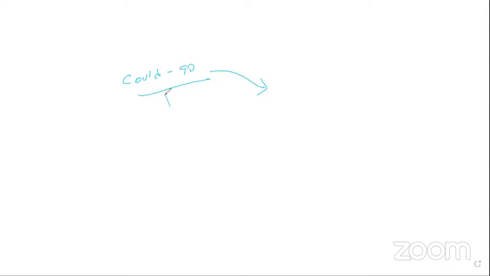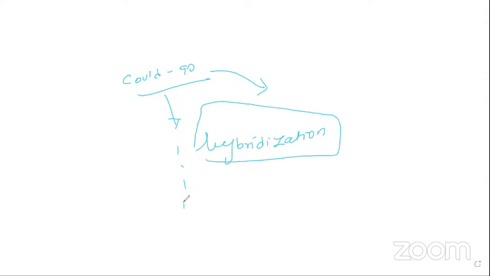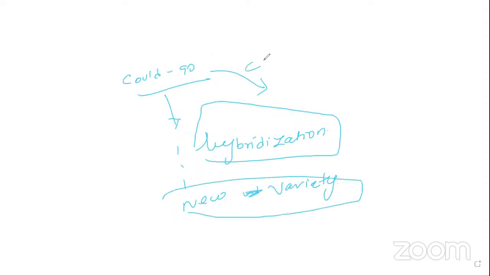After that, there are so many changes that occur, isn't it? Hybridization, and also modification at the gene level. You will get a new variety. So when it entered from China to India, we did not know about the COVID virus, its physical and chemical properties, whatever it may be.